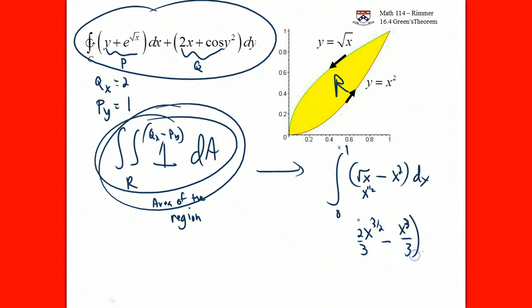Minus, evaluate it from 0 to 1. That's the area of that region. 1/3. Done. So it's a gift when Qx minus Py is constant. Take the gift and be done.